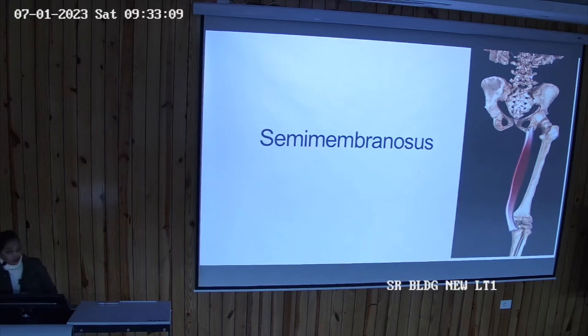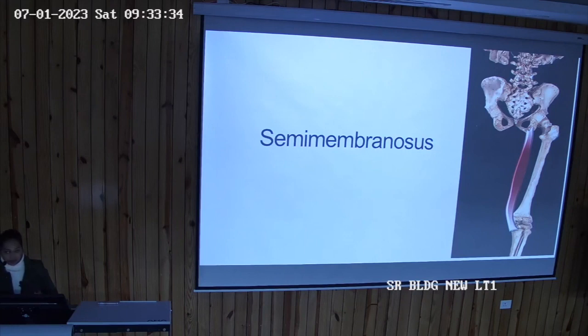So this takes origin from the superolateral part of the ischial tuberosity and gets inserted in a groove on the posterior surface of the medial condyle of the tibia. Okay. Now, what will be the nerve supply? The tibial part of the sciatic nerve. What will be the action? Flexion of the knee joint, extension of the hip joint.